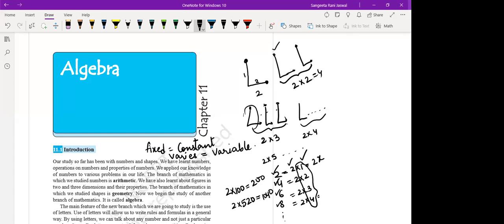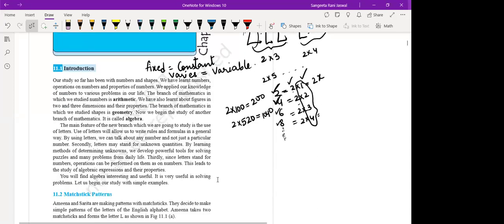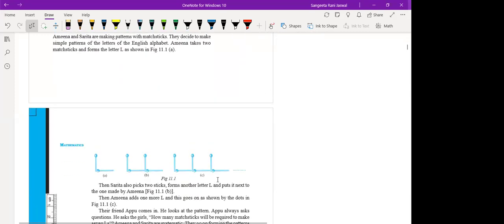When I'm multiplying these two numbers, my result is also changing. Initially it was 2, then it became 4, then 6, it's 8 now. So the result is also changing. Okay, we'll do more examples, then you'll understand. You understood this now? Fixed means constant. Varies is variable. The number that varies is called a variable.